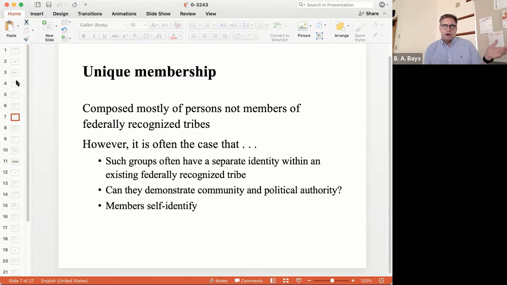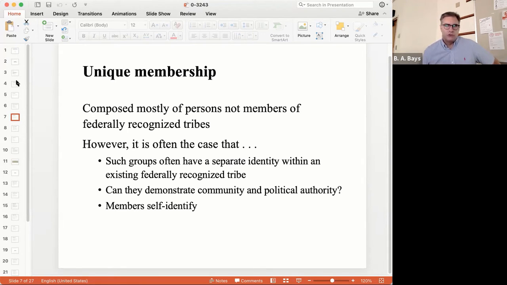Well, that might seem to be obvious, right? However, it's frequently the case that newly recognized tribes are sort of silent parts of existing federally recognized tribes.